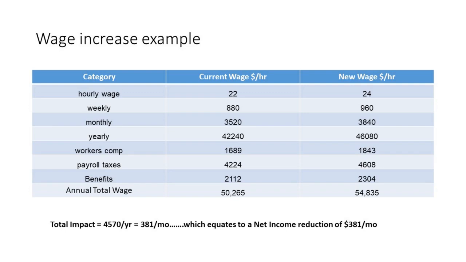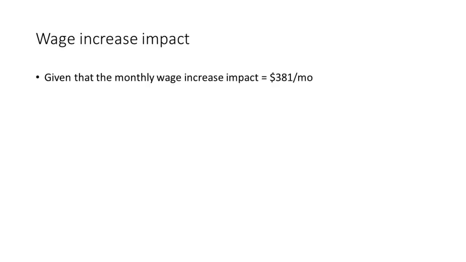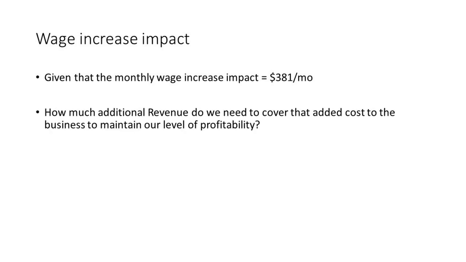Now, the second part of the process is what are we going to do in order to mitigate that impact on our business profitability? Well, given that the impact is $381 a month, the challenge for us business owners is to determine how much additional revenue do we need to generate in order to cover that added cost to the business in order to maintain our level of profitability.